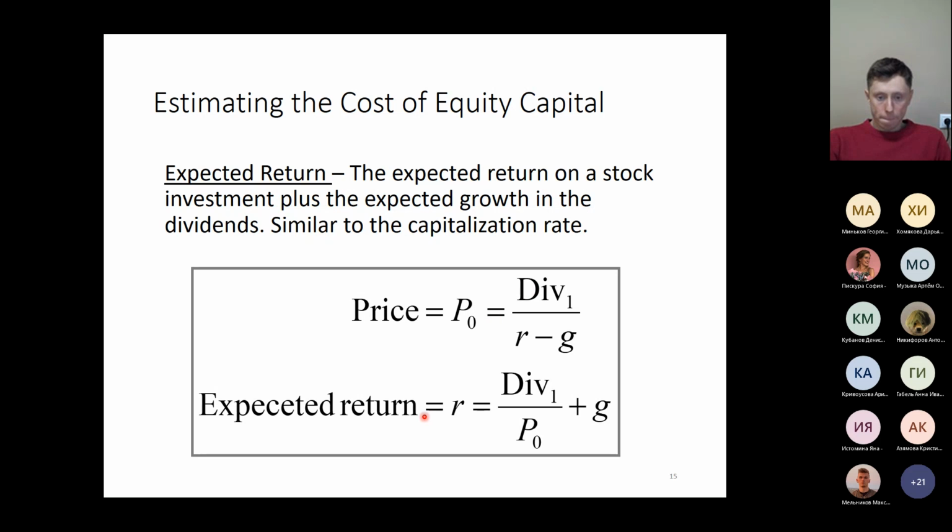This is the formula. Investors are mostly interested not in prices themselves, but in the returns that we might generate from the investment in the stock. This is the formula for the return on the stock.